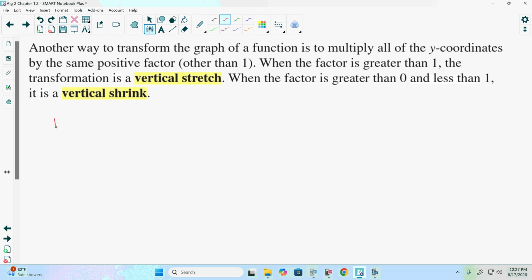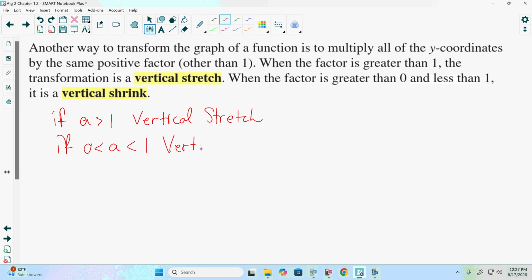Right, added to that first page. If A is greater than 1, vertical stretch. If 0 is less than A is less than 1, it's a vertical shrink. So A has two things connected to it.